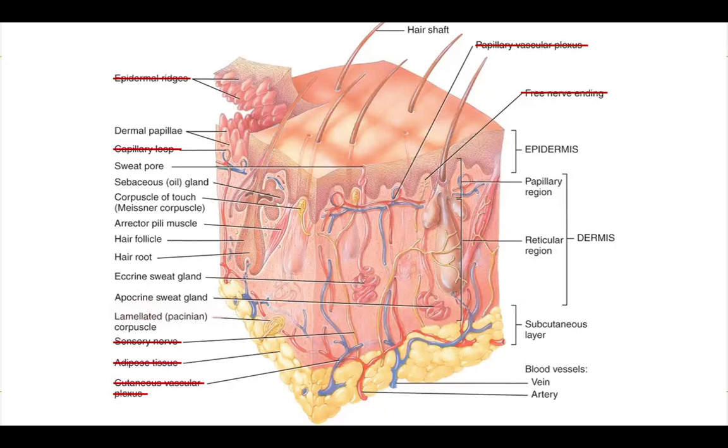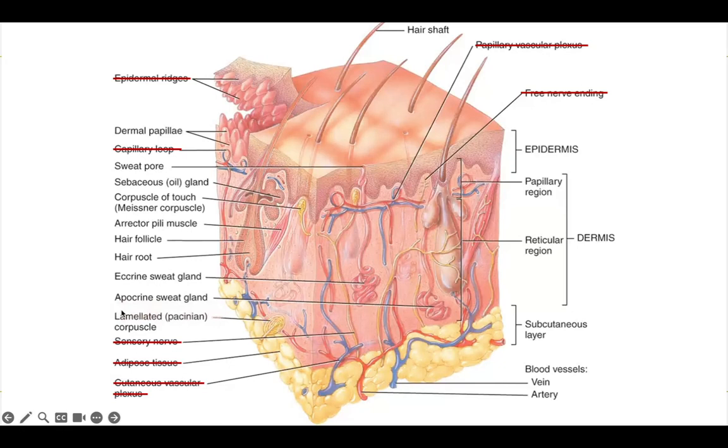Like sometimes I hear a song and I get goosebumps or something like that. The erector pili is going to pull on the hair follicle, making it stand erect. So erector pili muscle makes the hair follicle stand erect.